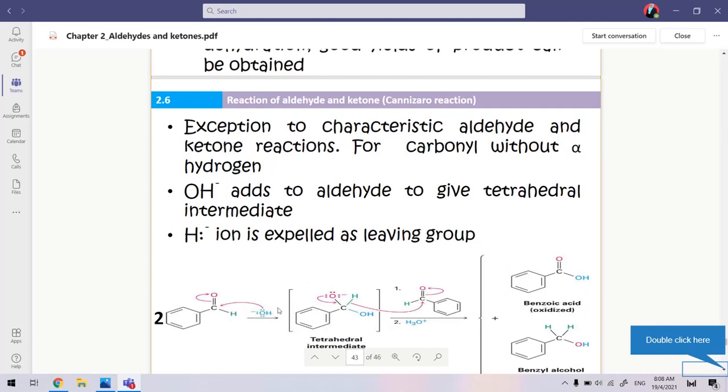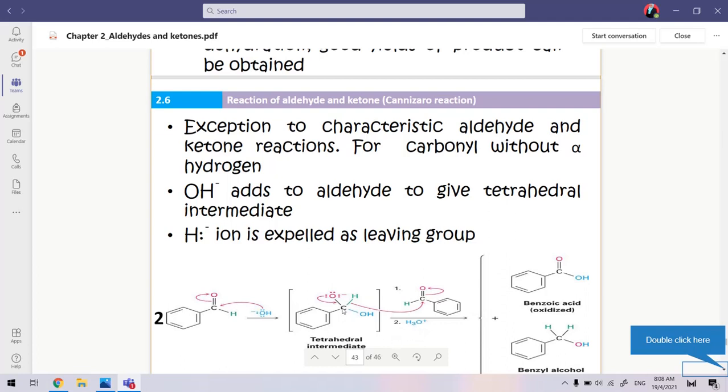So it will attach to produce OH, and here it will change to O minus. And at the same time, it will react again with another 1 mole of this benzaldehyde in the presence of acid.